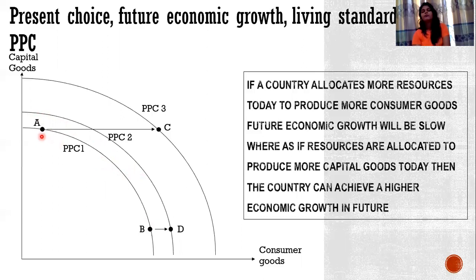In this diagram, if your economy is operating at point A, your economic growth is very large, PPC 1 to PPC 3, and you are having a better living standard as well. But if you're operating at point B, then your economic growth is only from PPC 1 to PPC 2, and your living standards have not much improved also.